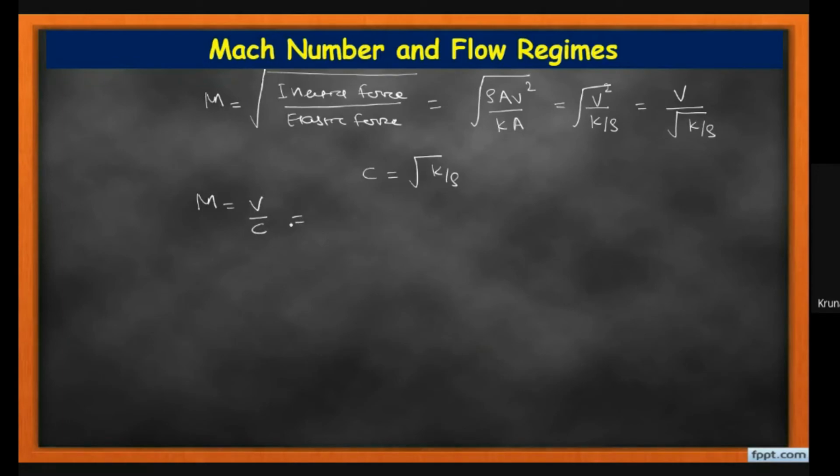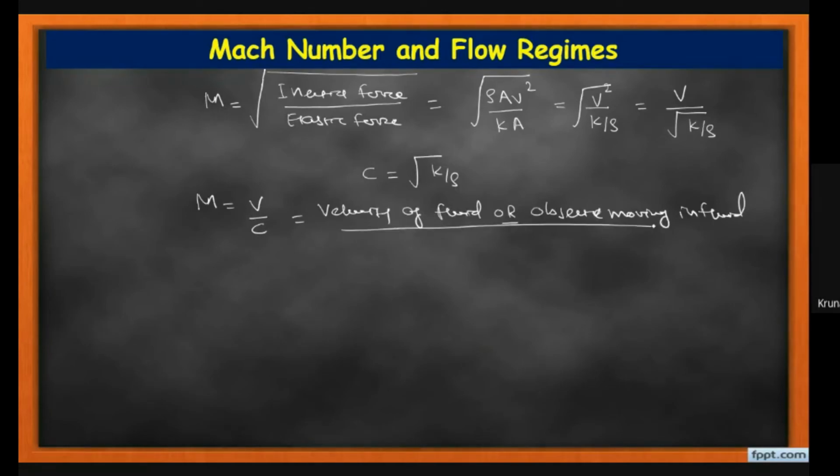Here v is the velocity of the fluid or the object moving in the fluid, divided by c, the velocity of sound. In this way we can define the Mach number. So Mach number is the ratio of the velocity of a fluid to the velocity of sound in the fluid, and based on different values of the Mach number we can classify the different flow regimes for compressible flow, and it is very important.